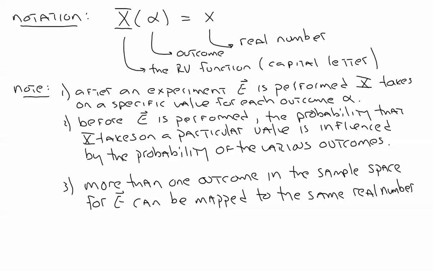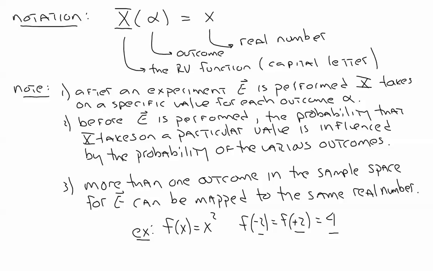All right? This is the same as for any function. So, for example, this is not a random variable example, but if my function is x squared, we know that this is a function in the usual sense. Well, f of minus 2 equals f of plus 2 equals 4. I can have multiple inputs that yield a common output. All right? So just keep that in mind.